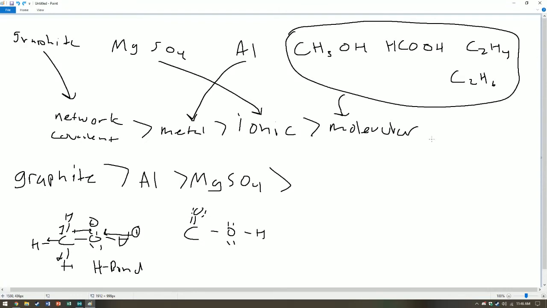What I can do is further break this down: H bonds have higher melting points than dipole forces, which have greater strength than LDF. So I can split this molecular thing up into H bonds, dipole, and London dispersion forces.